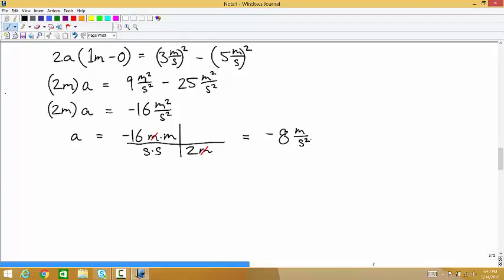All right, so are the units right? Yeah, so that's a good sign. And then the other thing you can usually compare to your intuition is, does it make sense that that acceleration is negative? It does, because this is moving in the positive direction and it's slowing down, so the acceleration has to be the opposite sign.